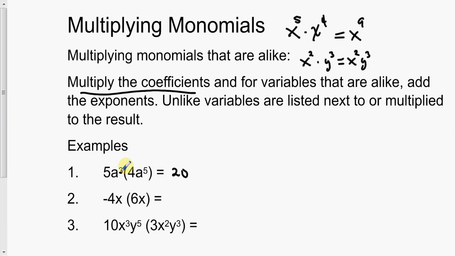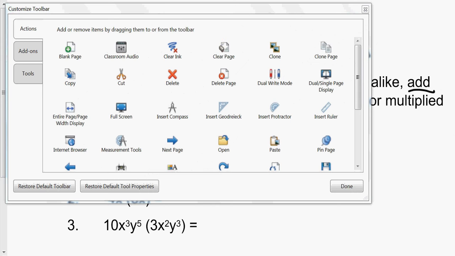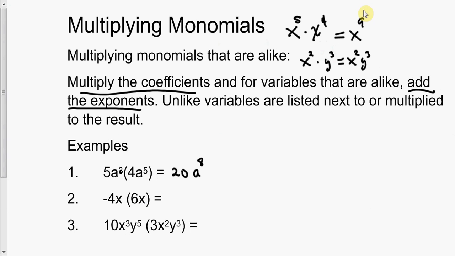And then a to the fifth times a to the third times a to the fifth is a to the eighth, right? Here we add the exponents when we multiply. If they're like terms, you add the exponents. 3 plus 5 is 8.